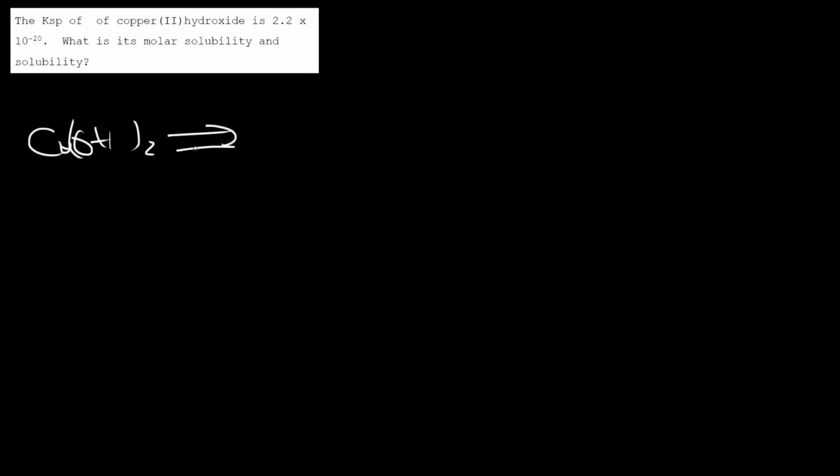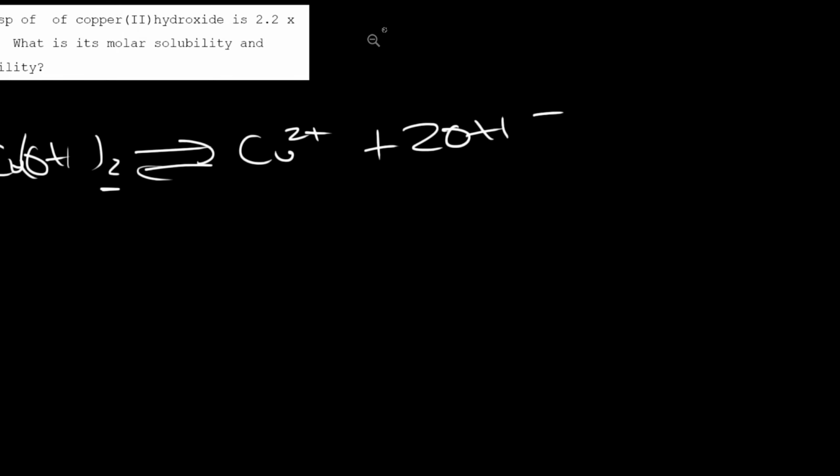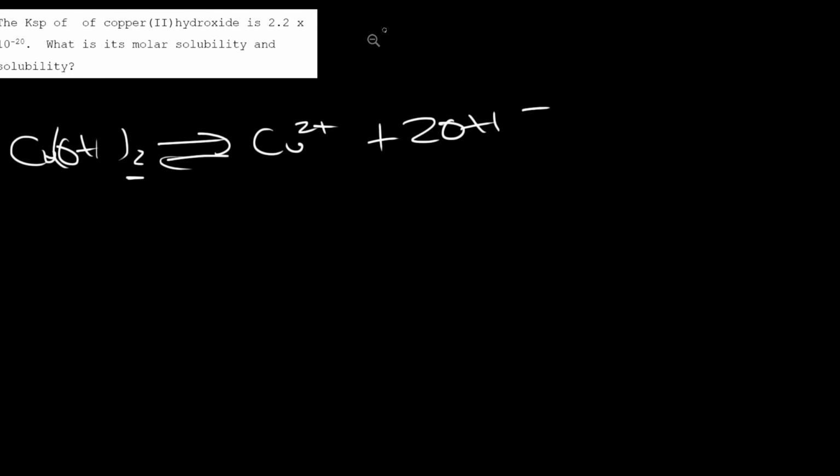So this dissociates into Cu2+, and we're going to get 2 OH minus, because there's a 2 here. Makes sense: a 2+ charge needs 2 negative charges to cancel out to make 0.